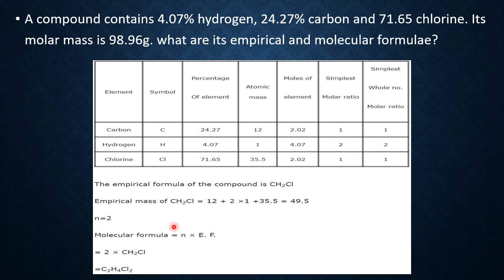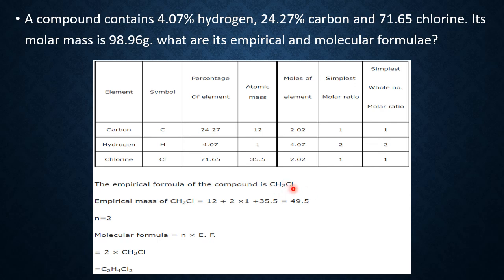Once you know the value n equals 2, you substitute that value in this formula. Molecular formula equals n times the empirical formula. The empirical formula is CH2Cl, you put it in a bracket, and n times. n equals 2 here. So when you remove the bracket, C 2 times, H 2 into 2 is 4 times, Cl 2 times.